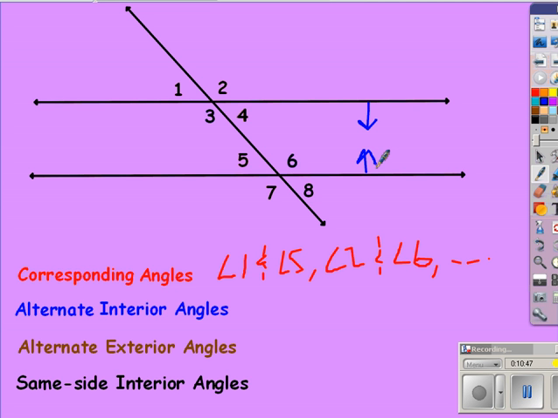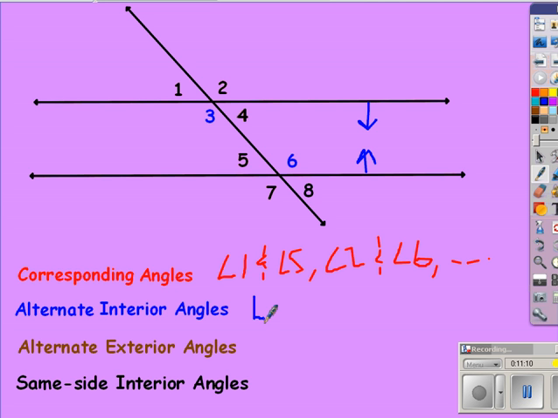So alternate interior angles are in between the two lines, on opposite sides of that transversal, and top and bottom. Like angle 3 here, the alternate interior angle with angle 3 is going to be angle 6. Top and bottom, alternate sides of that transversal, and on the interior.